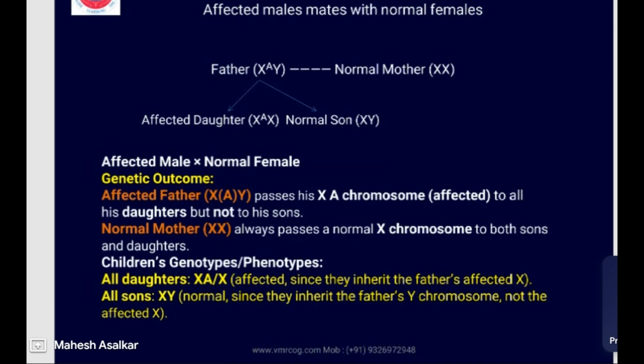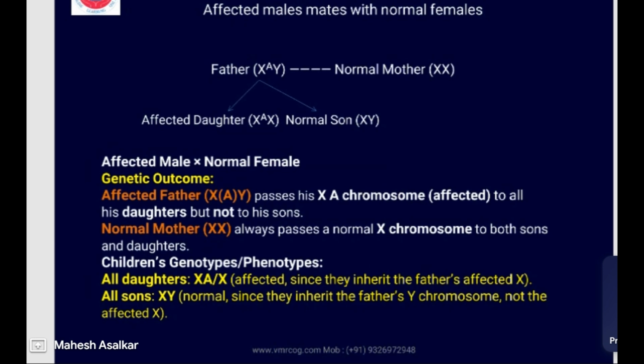We have to find the genetic outcome. So you have an affected male and a normal female. The affected father is X affected Y, and passes the X chromosome to all his daughters but not to his sons. The normal mother always passes a normal X chromosome to both sons and daughters.